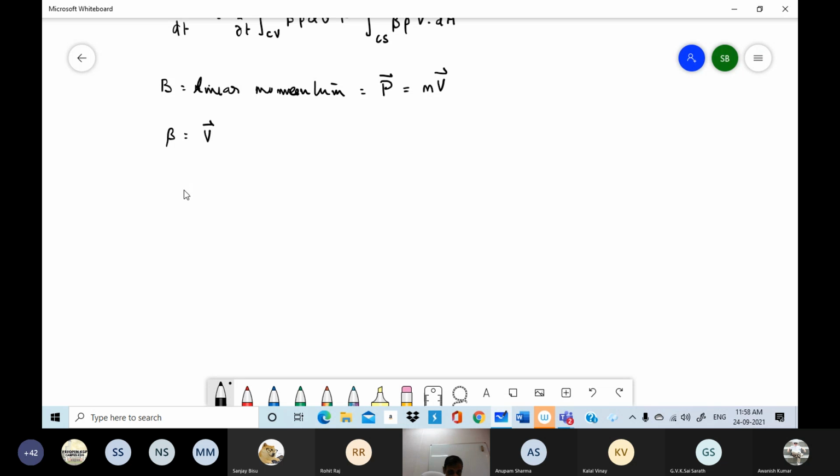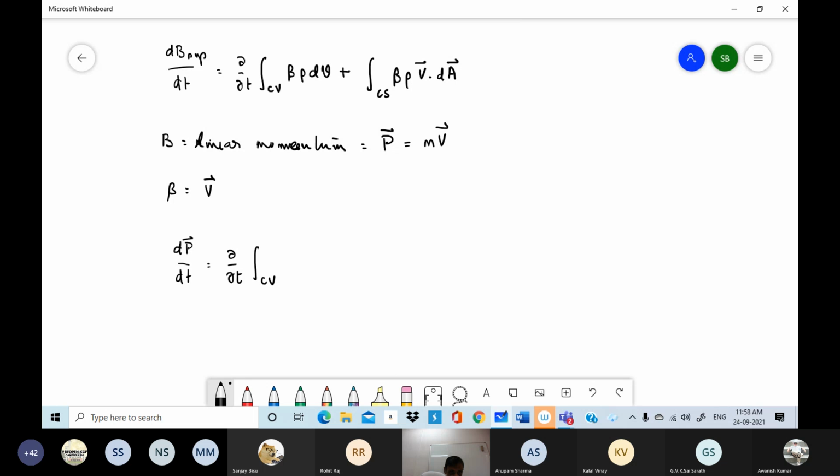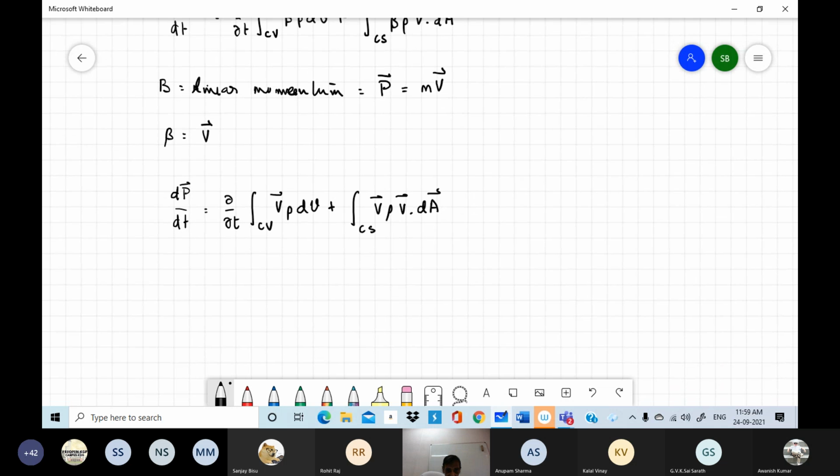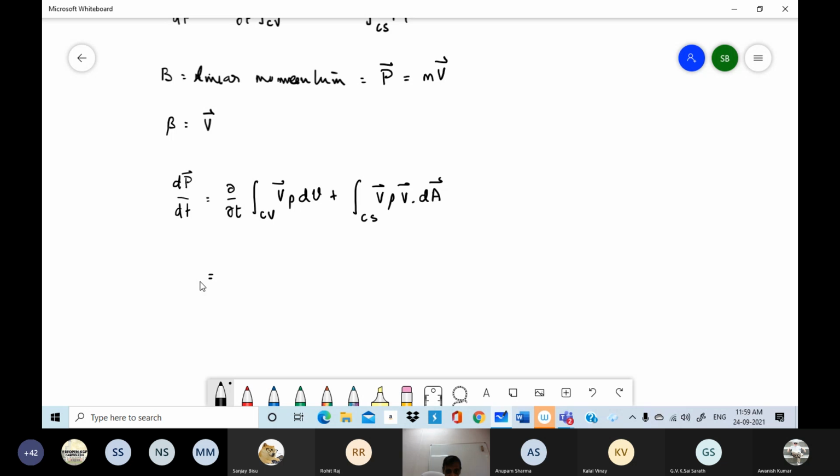So then I have, in this equation beta is V, so this becomes... and the rate of change of linear momentum would be the external force acting on the system.